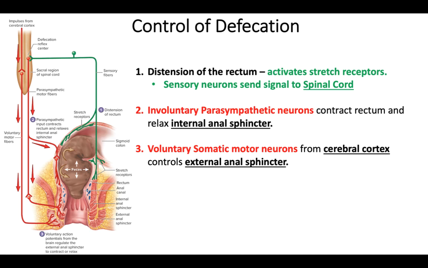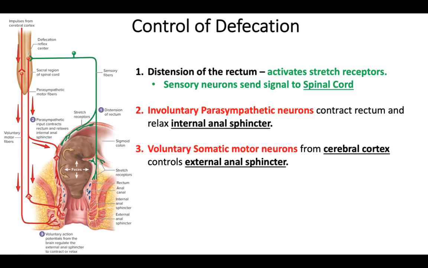But luckily, notice you've got a signal that can come down from your cerebral cortex. You typically will send a signal up. That doesn't show this, but you got to tell the brain this is happening. If you don't tell the brain that you're having a defecation reflex, you're going to be in trouble. So the brain will then send down a signal and determine what this external sphincter is going to be doing.